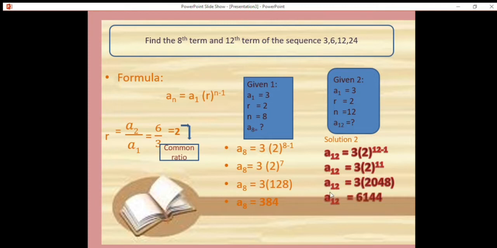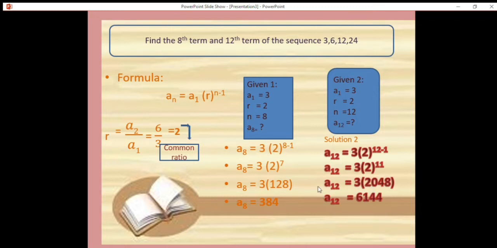Next, a sub 12 is equal to 6,144, because 3 times 2048 is equal to 6,144. So, the answers for the 8th term and 12th term of this problem are 384 and 6,144.